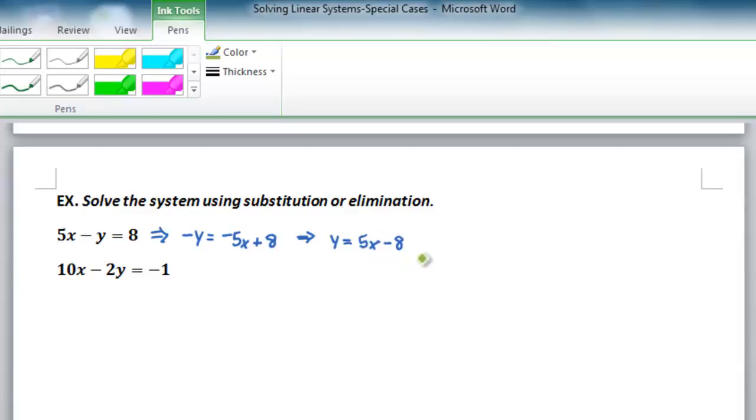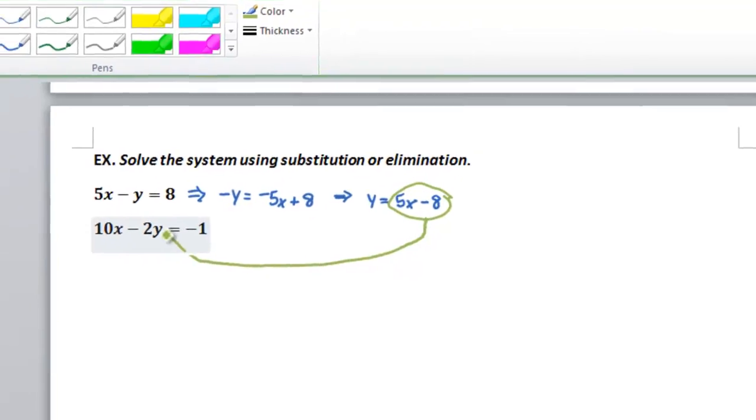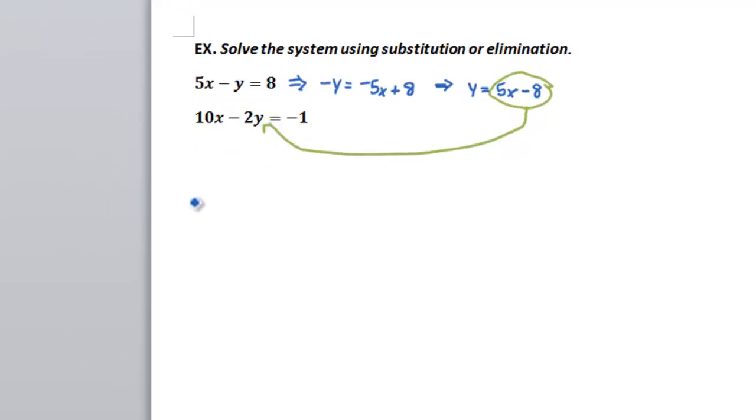I have y by itself, so I'll take this expression and substitute it into the other equation. That gives me 10x minus 2 times, and here in place of y, I write my expression, is equal to -1. Now we solve for x.